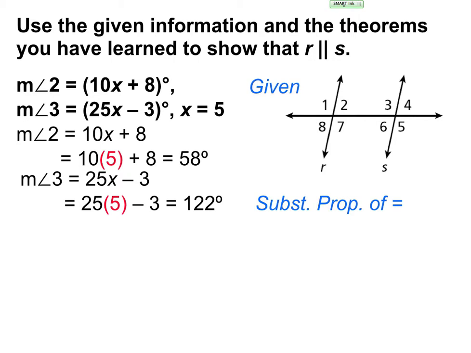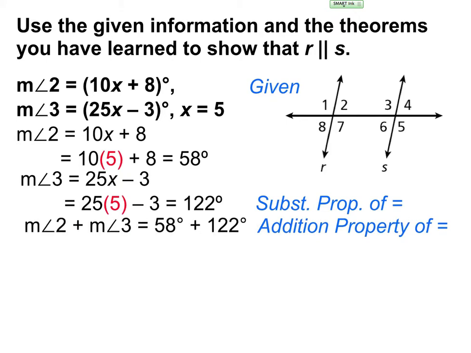So instead of substituting to show they're equal, this one we're going to add together. So I'm going to do addition property of equality. On the left side, it's just going to show the symbols. Measure of angle 2 plus measure of angle 3. On the right side, it's showing that I'm adding 58 and 122. Then I'm going to simplify it, 180.